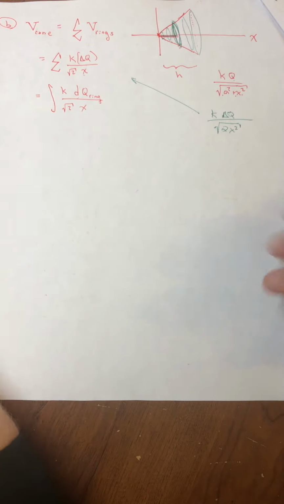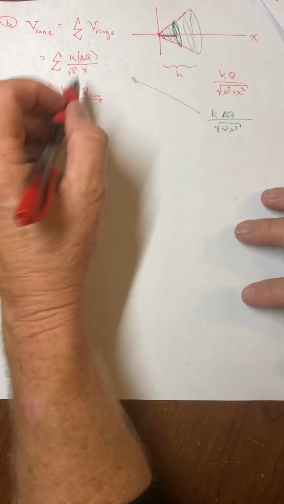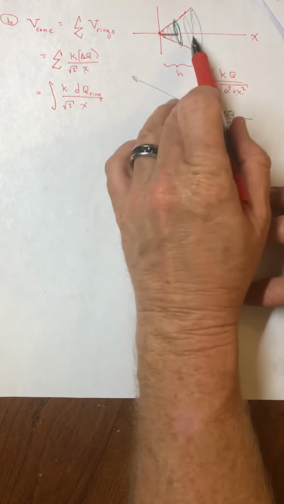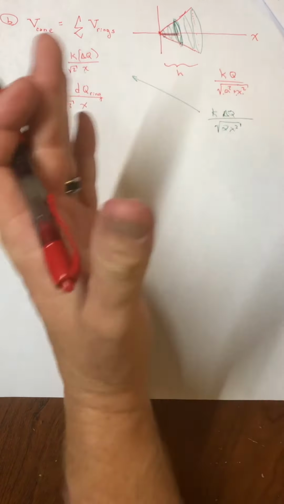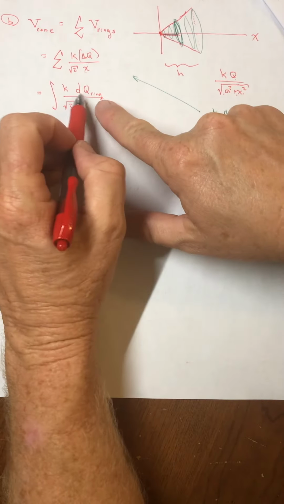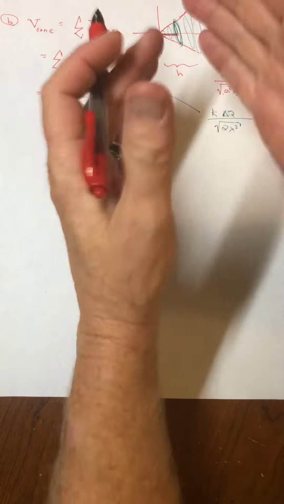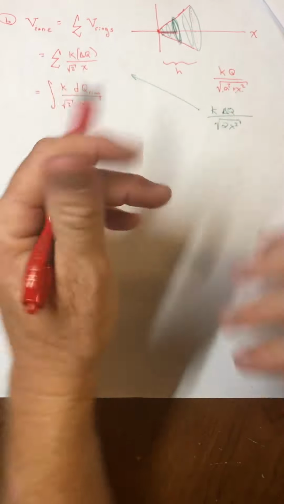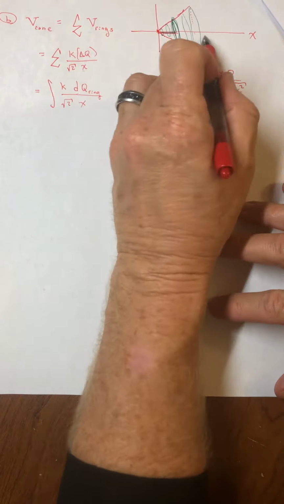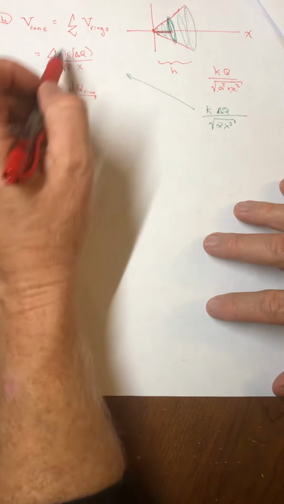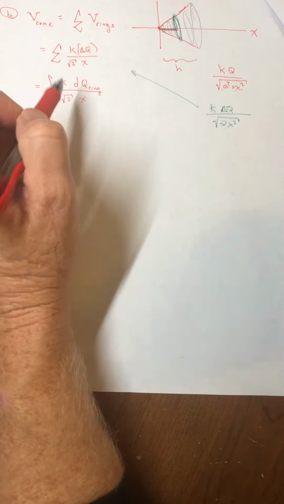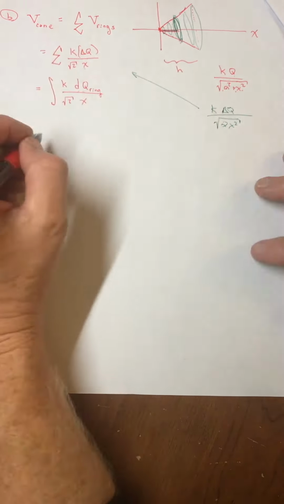The second big step is changing whatever became infinitesimally small in the equation into a dx, because those are the limits of my integration. And so I need to match those together. In my mind, I'm going to take a limit along x, so I've got to have a dx. So I've got to change this infinitesimally small thing, in this case the charge on the ring, into an infinitesimally small distance.